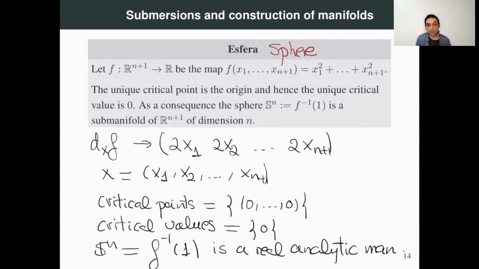The preimage of 0 is a point, and that's not going to be a manifold of dimension n. It's not going to be a submanifold of dimension n. So it is fundamental that we do things right and we apply the theorem just to regular values. Okay? Let us consider now a new example, the so-called orthogonal group.